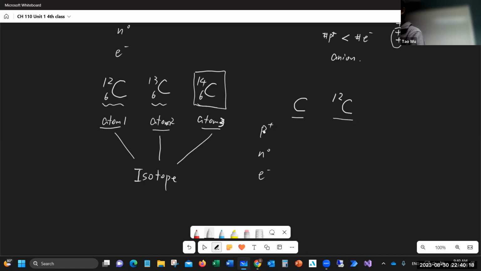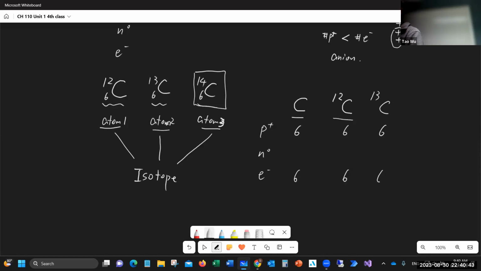Answer my question: do we know the proton number for those 3? 6, because carbon has 6. Do we know the electron number for each of the 3? 6, because I didn't write the charge, so it's neutral.